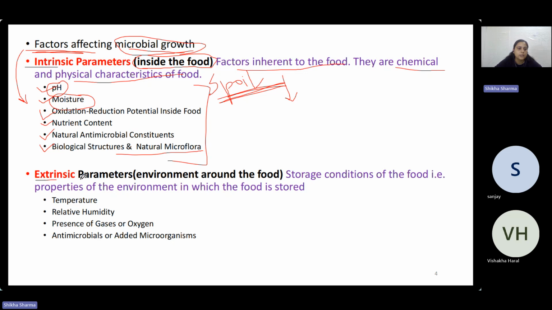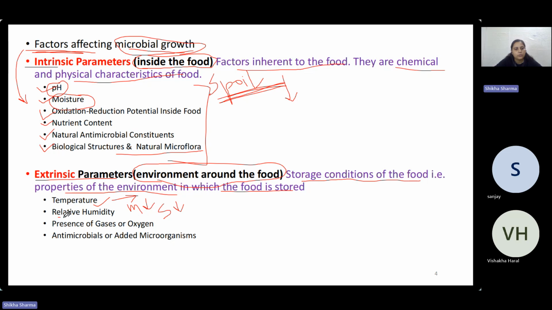Others are the extrinsic parameters, which means how the environment around the food is. Those parameters also affect microbial spoilage in a food, like the storage condition of the food, that is, the property of the environment in which the food is stored. For the outside temperature, if the food is stored at low temperature, the microbial growth will be low and the spoilage will also be low, right?